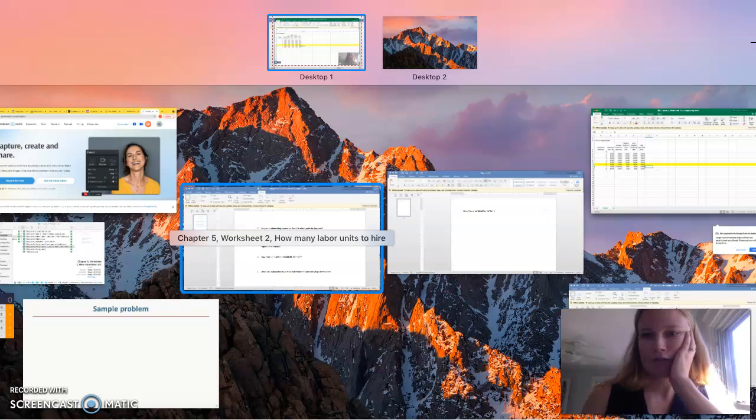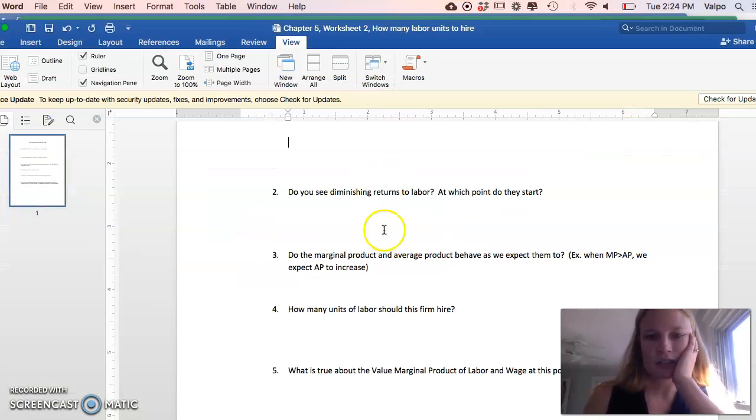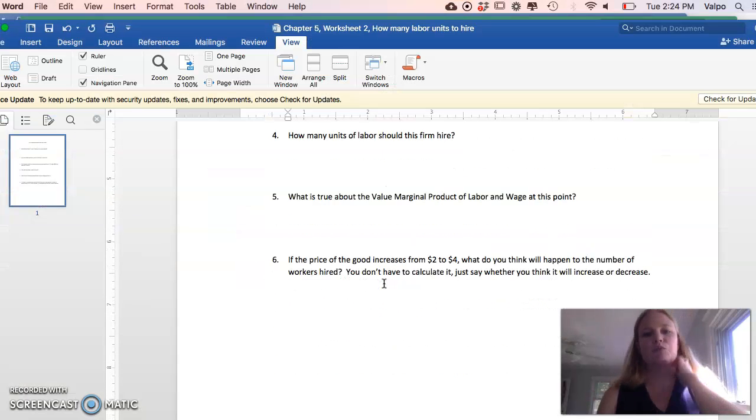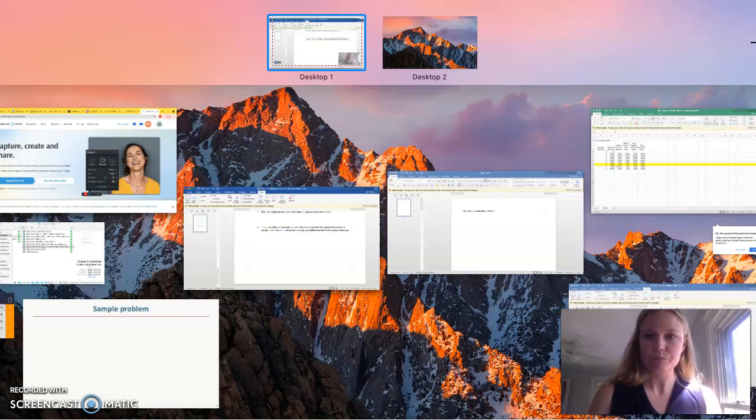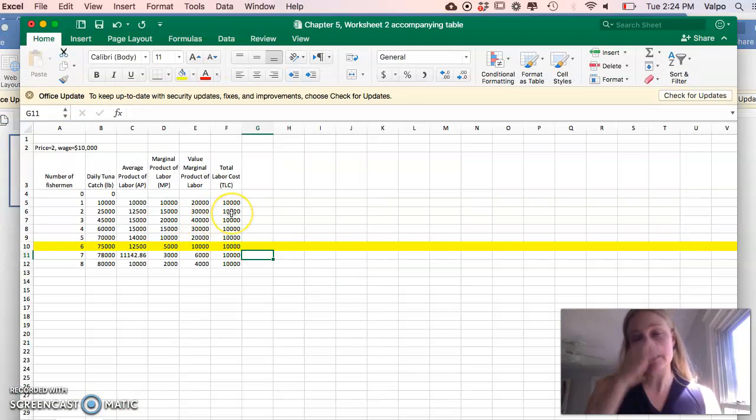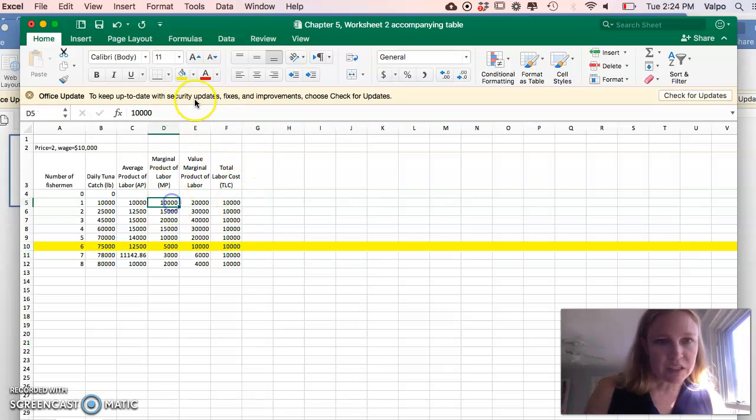So the next thing, hopefully my computer doesn't die, the next thing that I ask you is if the price of the good increases, what do you think will happen? All right, so if the price of the good increases, you'll probably hire more fishermen. That's what I would think. Let's recalculate the value marginal product of labor with the price of 4, and let's see what happens.